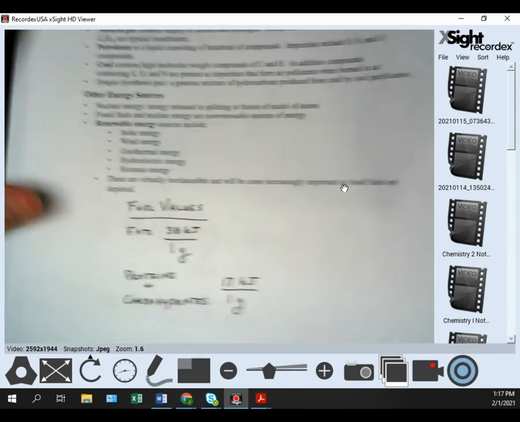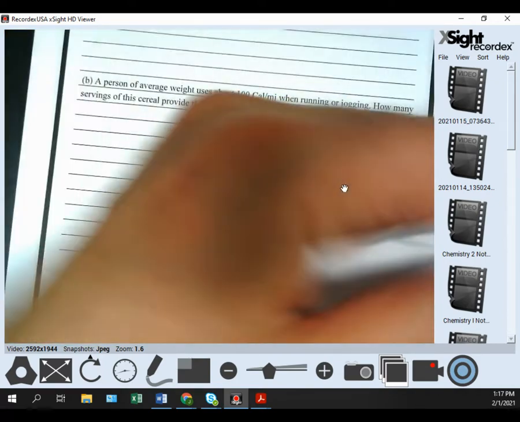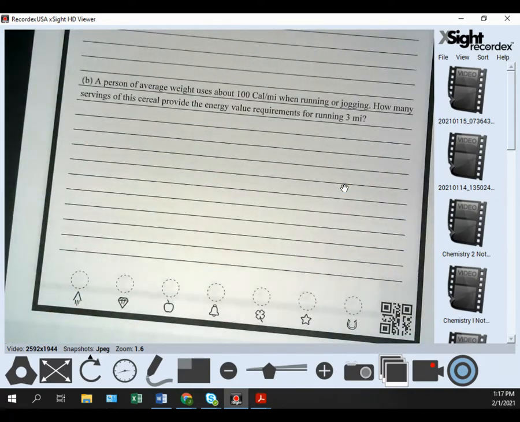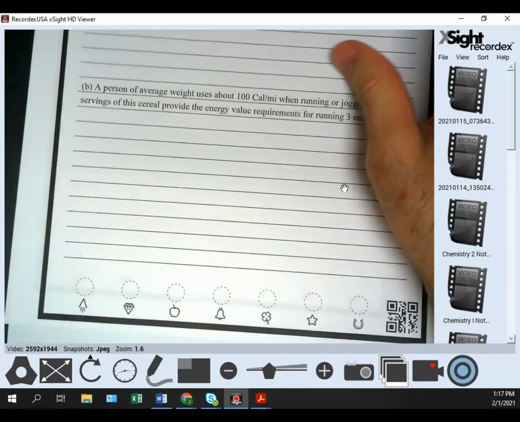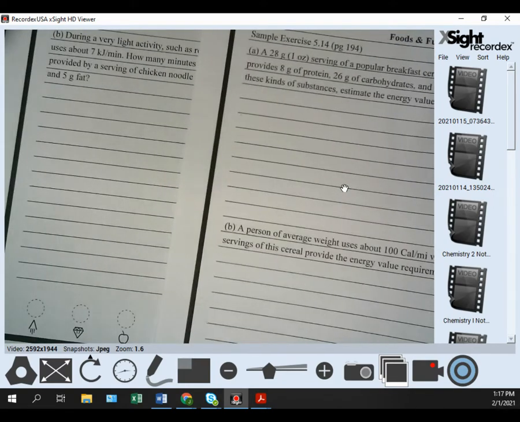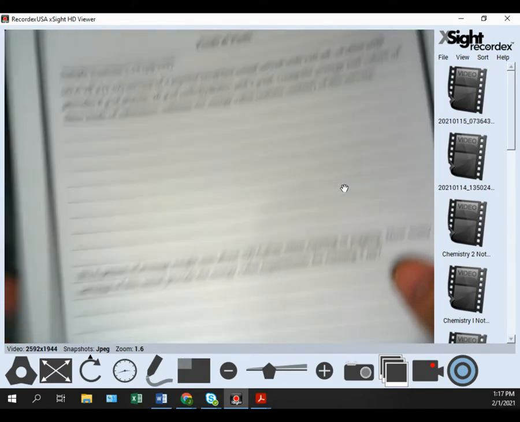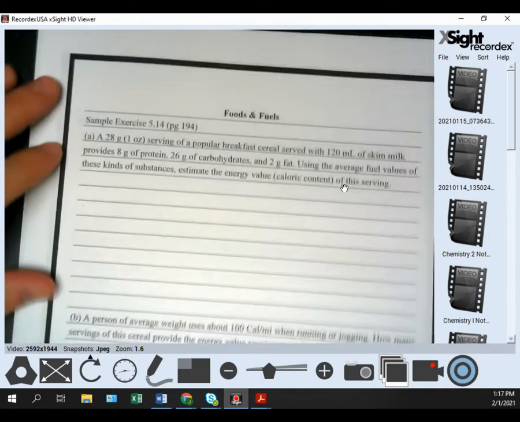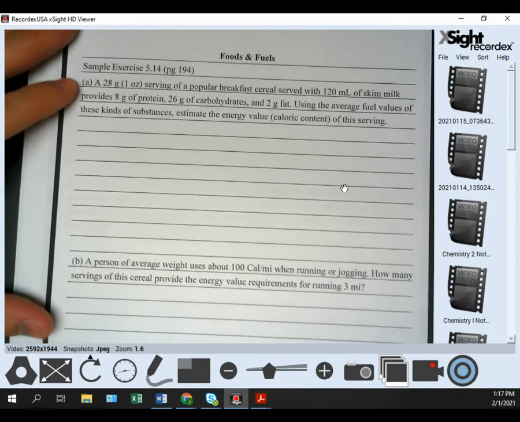All right. So let's look at the first example problem. It's the page 194 one, the sample exercise, not the practice one.